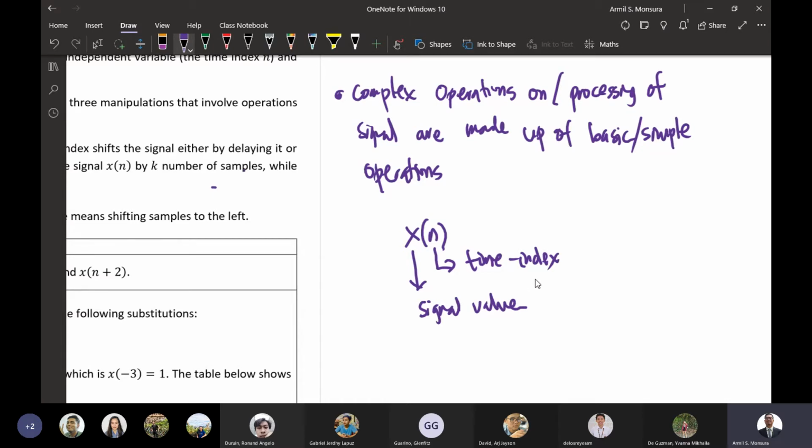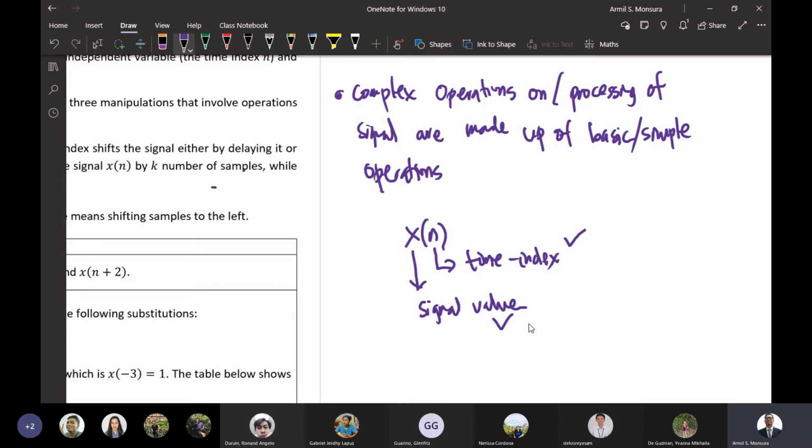And right there and then, maiisip niyo na yung operations ng signal niyo can be done on the time index or it can be done on the signal value. So, which means you can modify the time index or you can modify the signal value. So, yung operations natin are actually classified on those two.